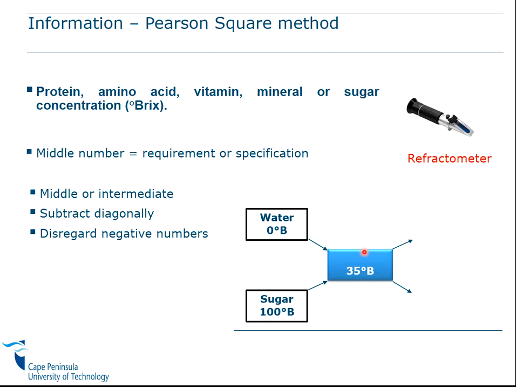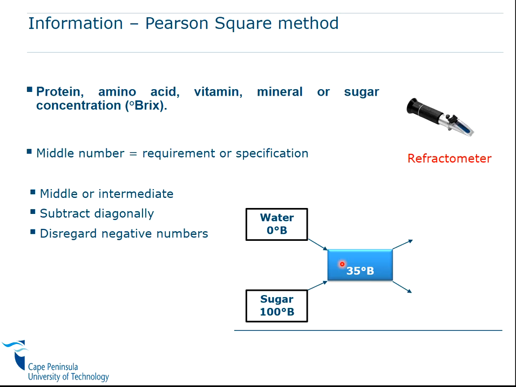The principle of this method is that the specification or requirement, which is this middle number, should always be a middle value or an intermediate value between what you have on your right hand side, which is water, which is 0 degrees, and 100 degrees. So 35 falls in the middle, right?